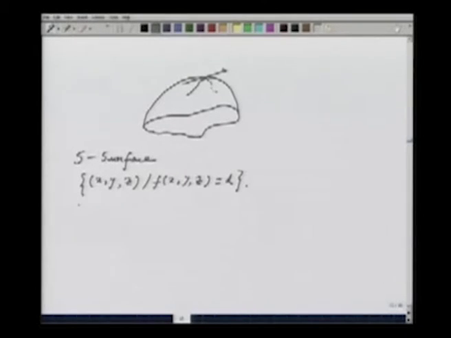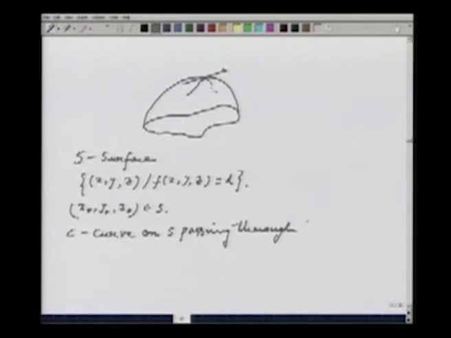Let us fix a point x naught, y naught, z naught belonging to S. I take a curve C. So C is a curve on S passing through the point x naught, y naught, z naught.